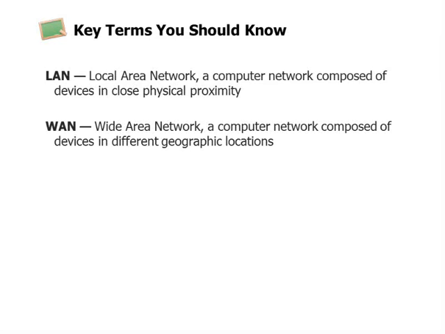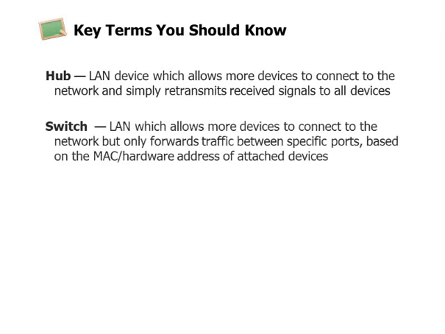It could be across the world. A hub is a LAN device that allows more devices to connect to the network and just simply retransmits received signals to all devices. And finally, a switch is a LAN device which allows more devices to connect to the network, but only forwards traffic between specific ports based on the MAC or hardware address of attached devices.